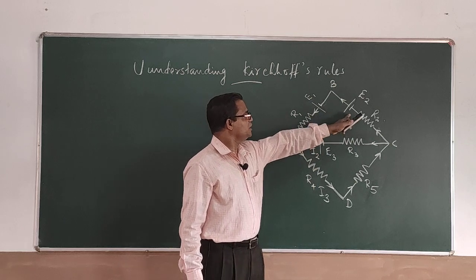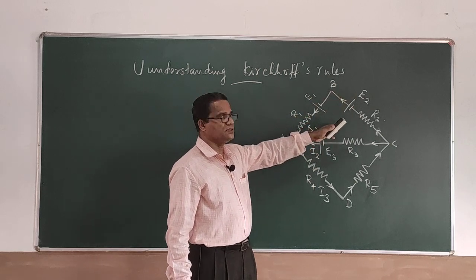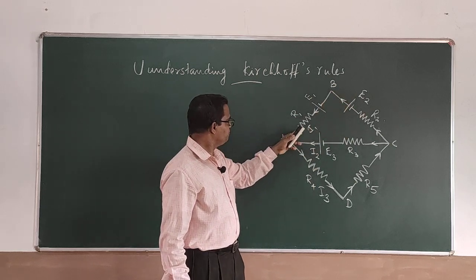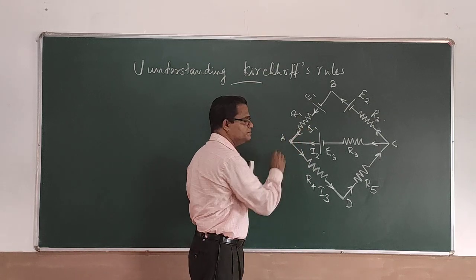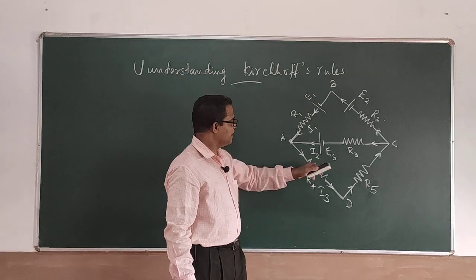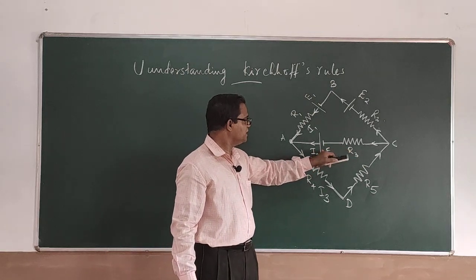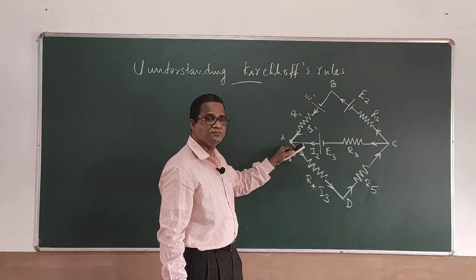Now E1 and E2 are supporting each other and will be sending current in this way. That current is I1 and reaching at A. At the same time you can see that E3 drives current along this way.